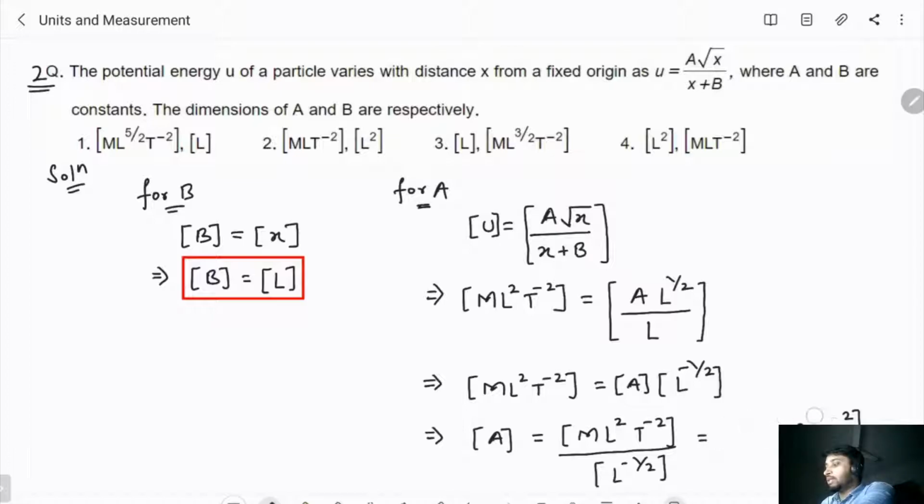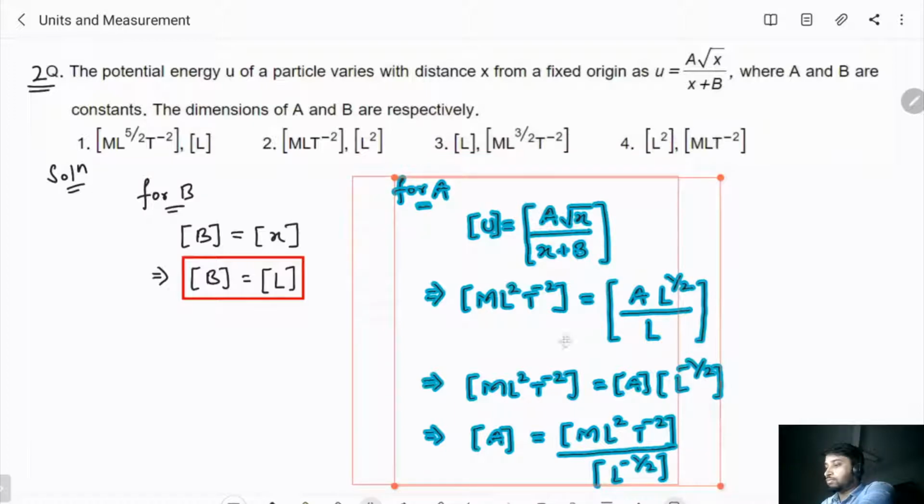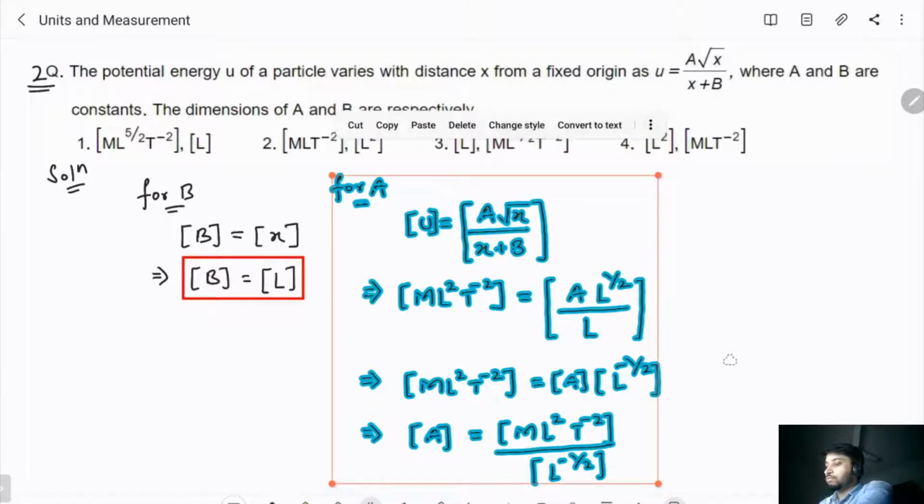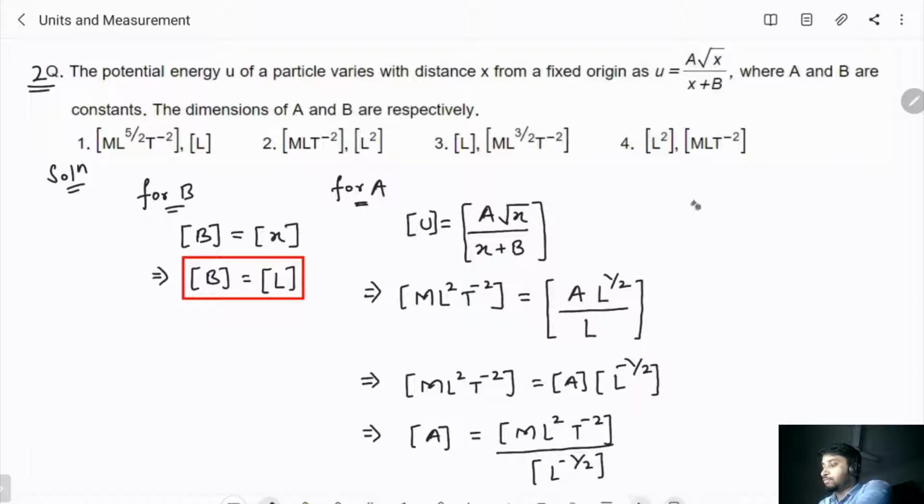So I'll take it from here and let me write it here. Okay, so the dimensions of A will become M into L to the power 2 plus 1 by 2, T to the power minus 2.